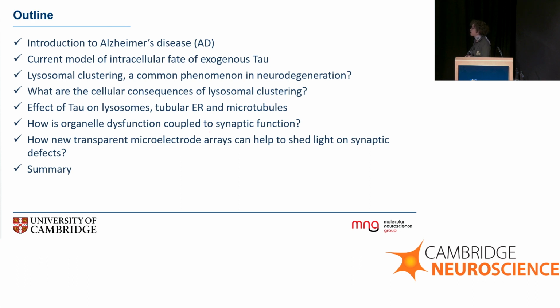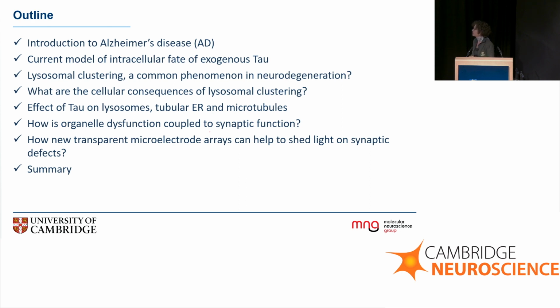Then I will talk about lysosomal clustering, whether that is a common phenomenon in neurodegeneration, as it has been observed in other neurodegenerative diseases. And then, what are the consequences of this lysosomal clustering?